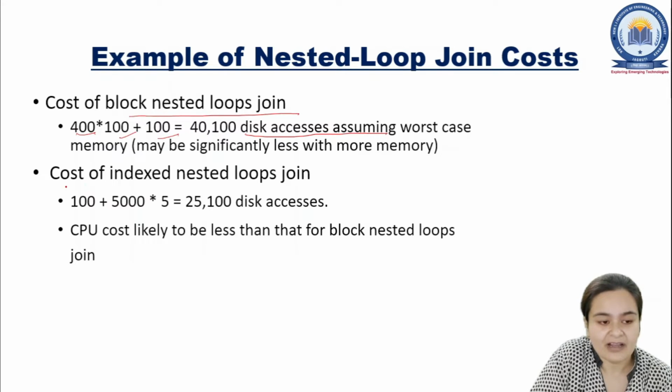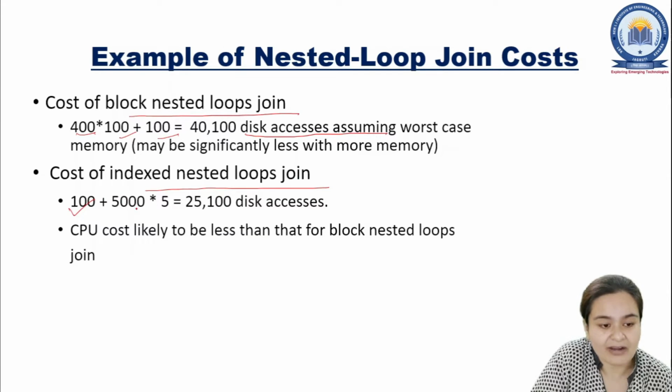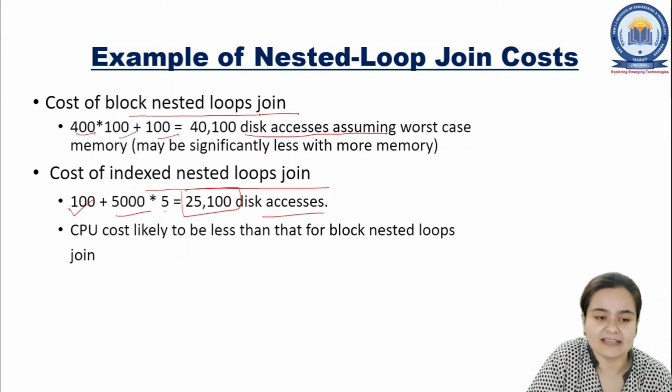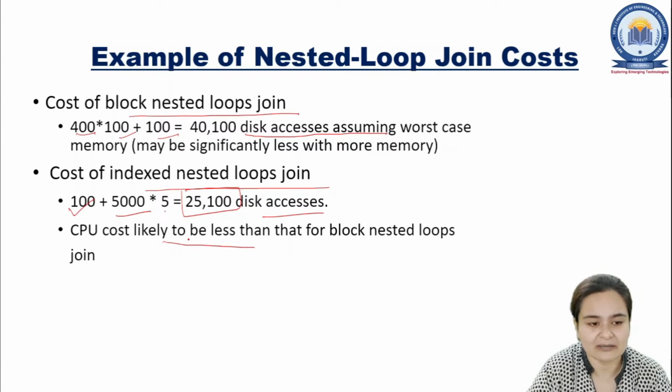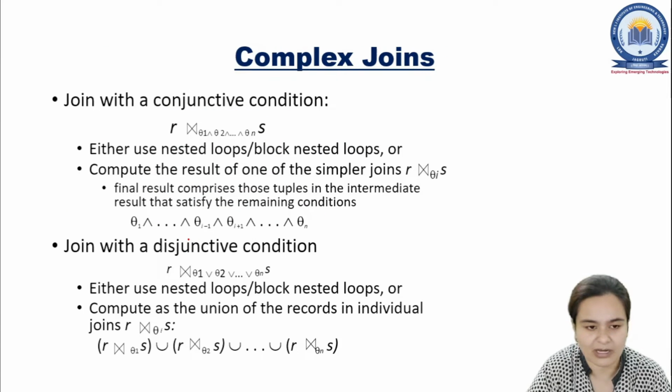For index nested loop join, we'll have 100 plus 5,000 into 5, that is 25,100 disk accesses, much less than what we have seen in the block nested loop join. So the CPU cost is likely to be less than that of the block nested loop join. So definitely the index nested loop join is always preferred over the other two.